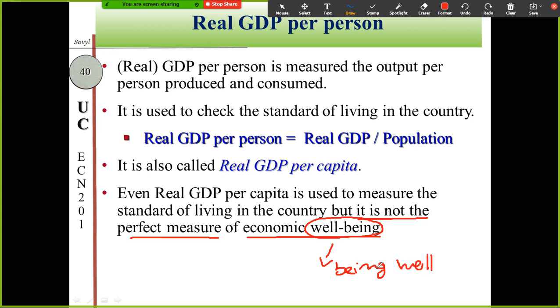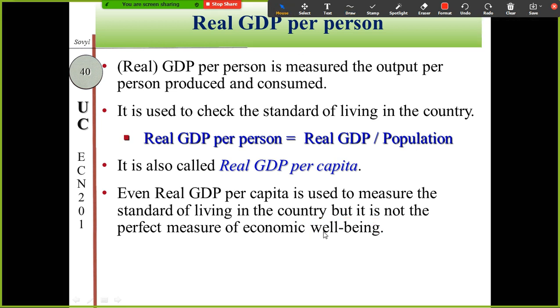If you say that you are being well, it means that you are in a good condition, a good situation. So real GDP per capita is used to measure the standard of living, but it's not a perfect measurement of economic well-being.